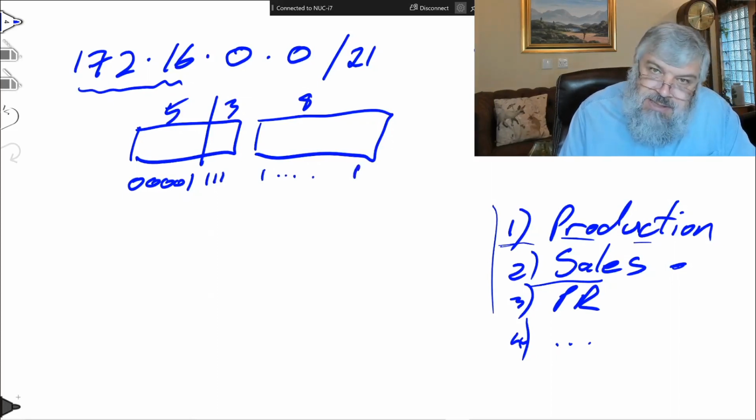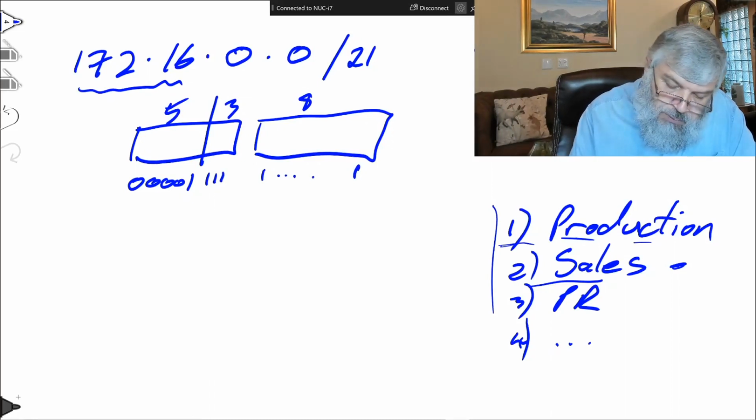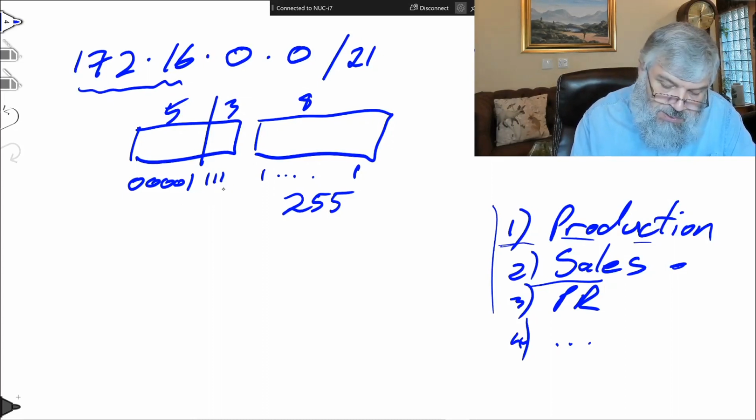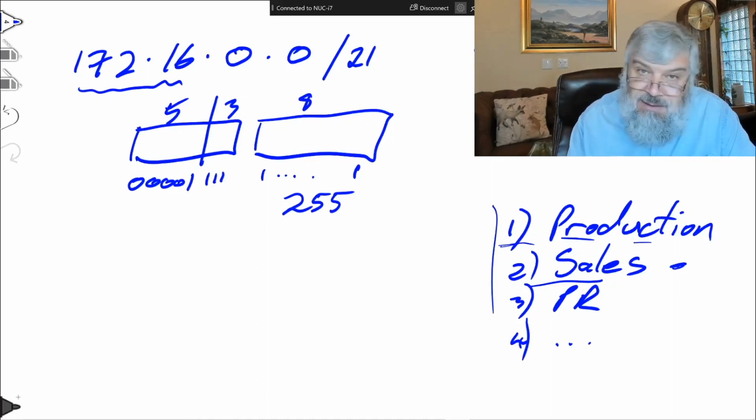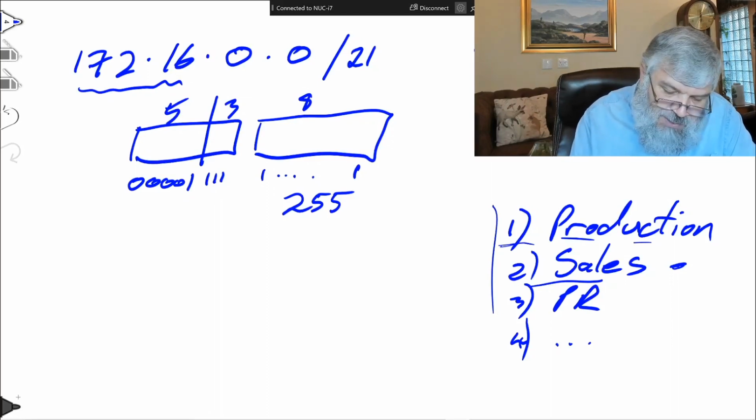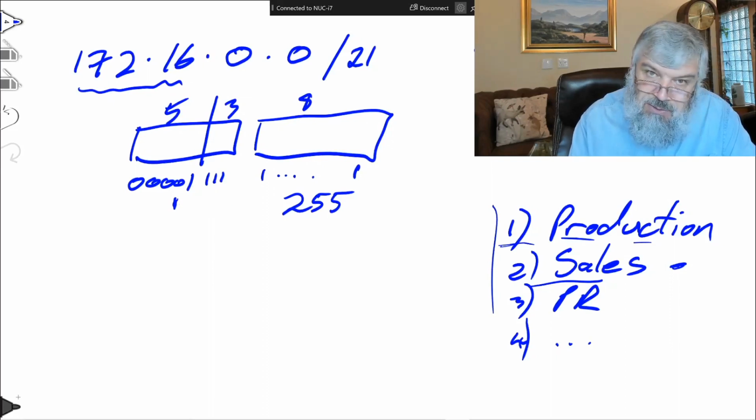To convert this number to decimal, that we already recognize as a 255. This one needs a little bit of a calculation. You can go and do the calculation. It's 1 plus 2 plus 4 plus 8. An easier way to do that same calculation would be to say if that were a 1, it would have been 1, 2, 4, 8, 16. So if it were 1, 0, 0, 0, minus 1, it would have given us all 1s.